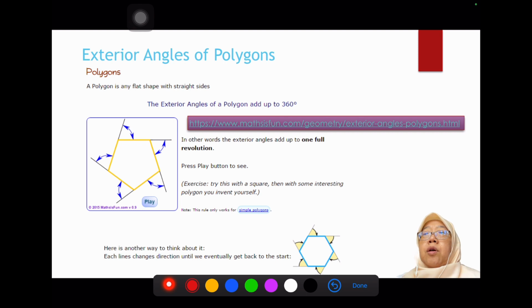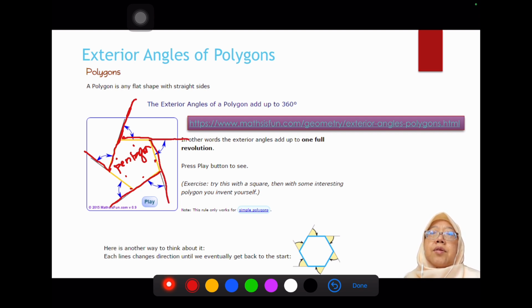Now, for polygons such as this one here, this is a pentagon. 1, 2, 3, 4, 5. So how do we find the exterior angle? You just extend each side, just like that.